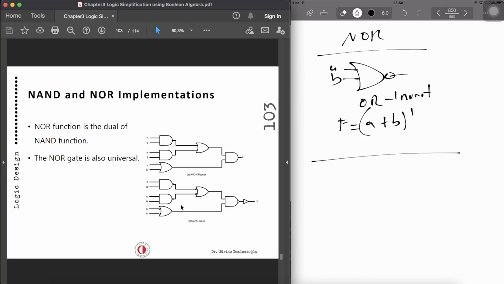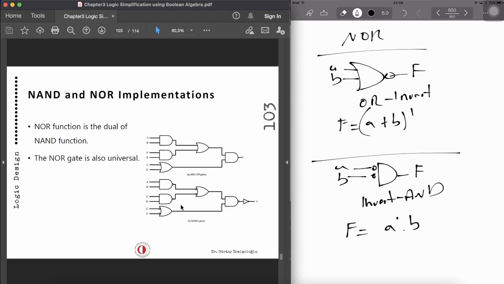And then we also have invert-AND, with A, B, and F. So invert-AND also does the same thing, which is going to be A prime dot B prime. Okay, so this is actually giving you the same answers.